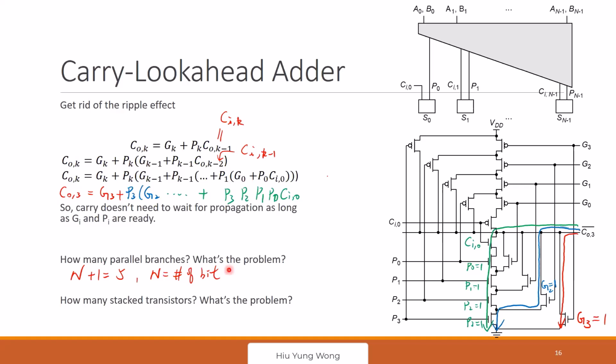What is the problem again? I kind of told you already. What's the problem of having n transistors connected in parallel to the drain capacitance, to the output? Forgot? What is the delay? Can someone tell me?